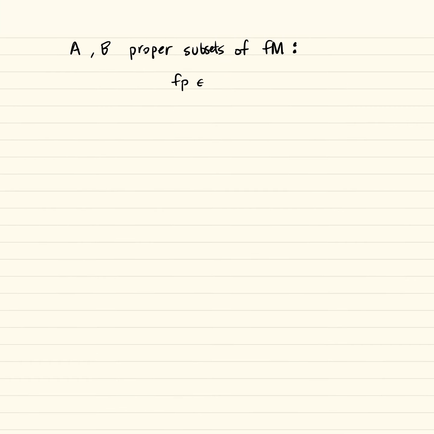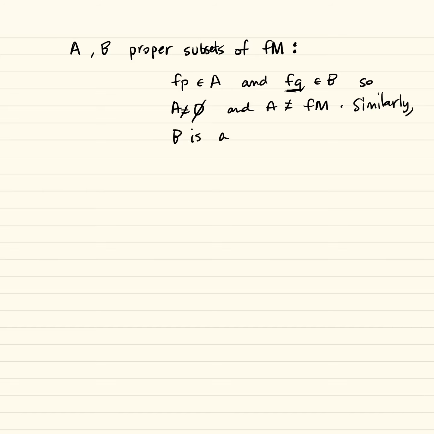So A isn't empty, and A is not F of M. Why? Because A doesn't include F of Q, right? So A is proper. Similarly, B is a proper subset.